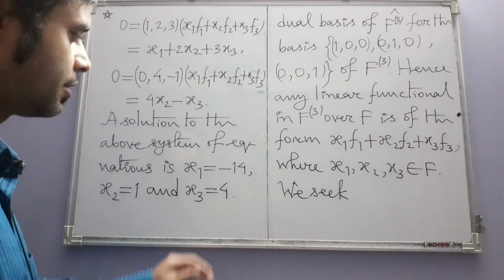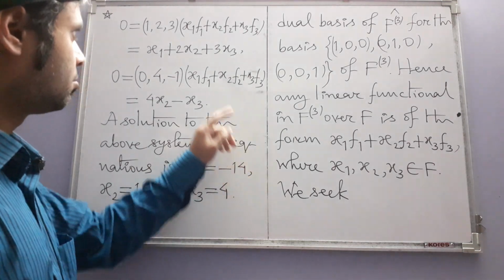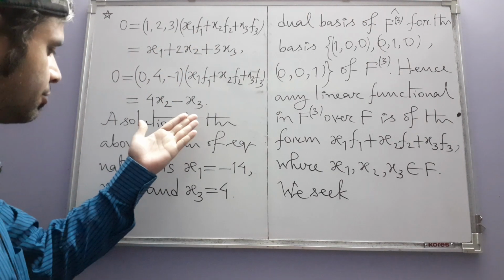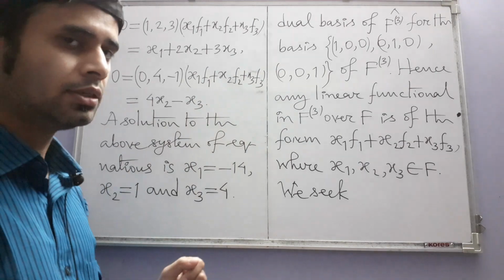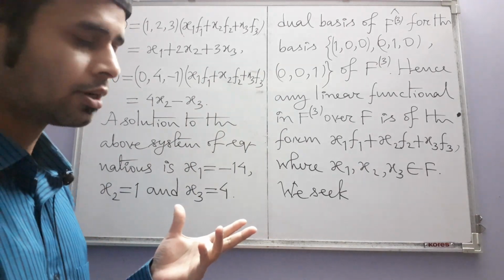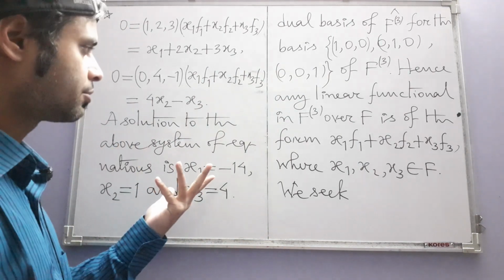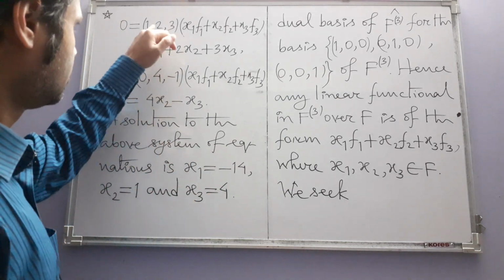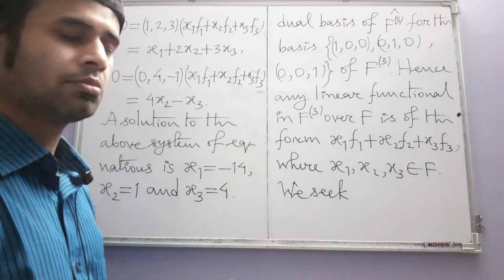So that's it. That means if we take minus 14 f1 plus f2 plus 4 f3, then that becomes the linear functional, and it will belong to the annihilator of W, because it makes both the basis vectors of W vanish.